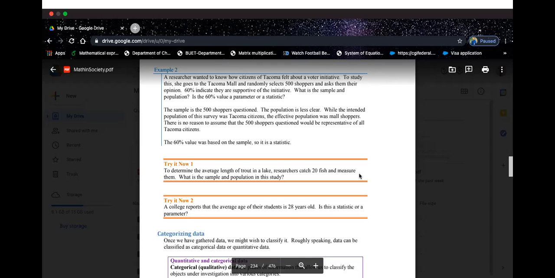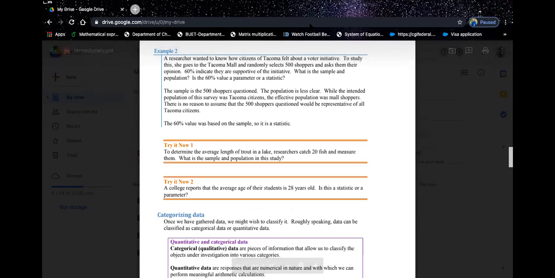Just give it a try. What does this 20 fish signify? Is it the population? Is it the sample? Let me ask from the chat.